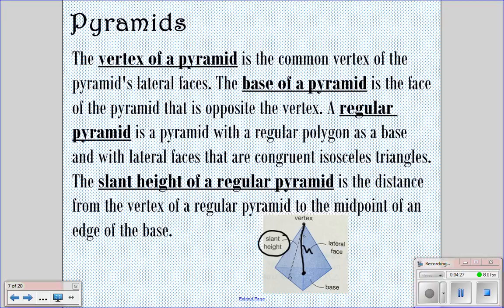The slant height is always going to be longer than the height of the pyramid. This would be the side of the pyramid, and this would be going straight from the top to the bottom. Okay, so the slant height is always the distance from the vertex to the midpoint of the edge of a base, and it's going to be longer than the actual height from the vertex to the base.